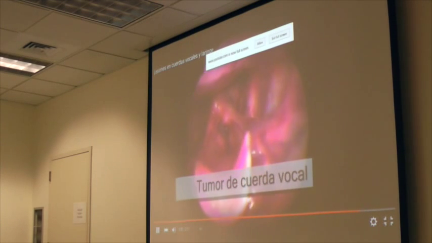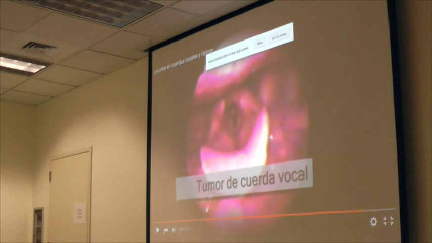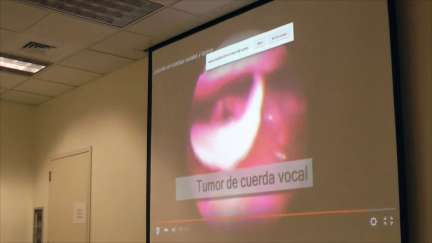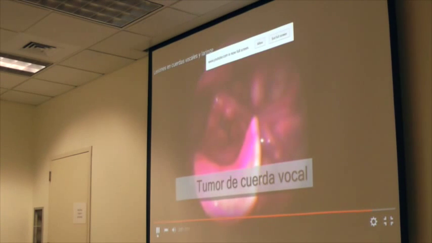Oh, somebody's got a tumor of the, what is this? Can you tell where the tumor is? It's a little bit blurry. Yeah, it's those little balls up there. These? Yeah. Wow. It's a great picture of the epiglottis, though.